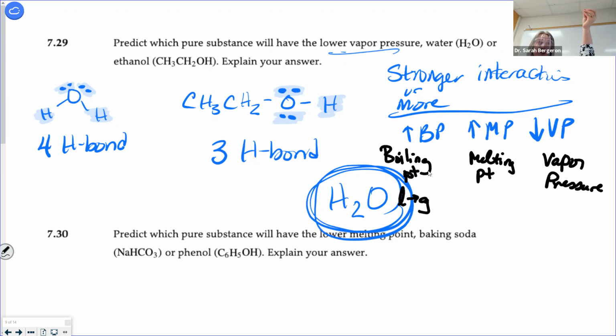Yeah? Okay. What is melting point? Solid to a liquid, right? If you're going to melt water, you have an ice cube and you melt it into liquid water, right? So the stronger the interaction, the higher the temperature it takes to melt something.